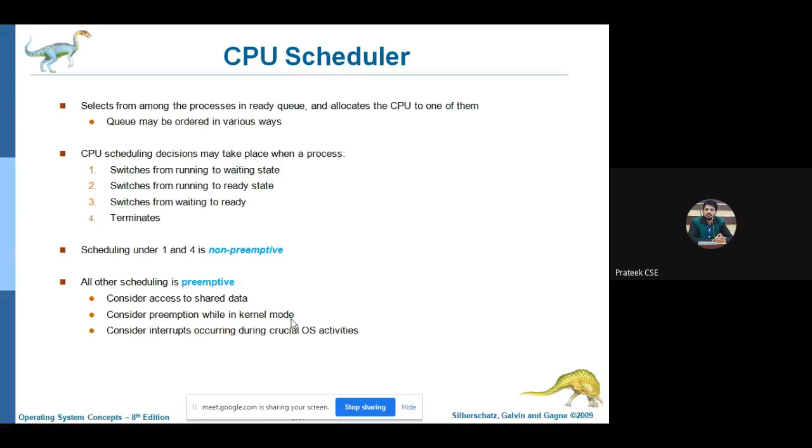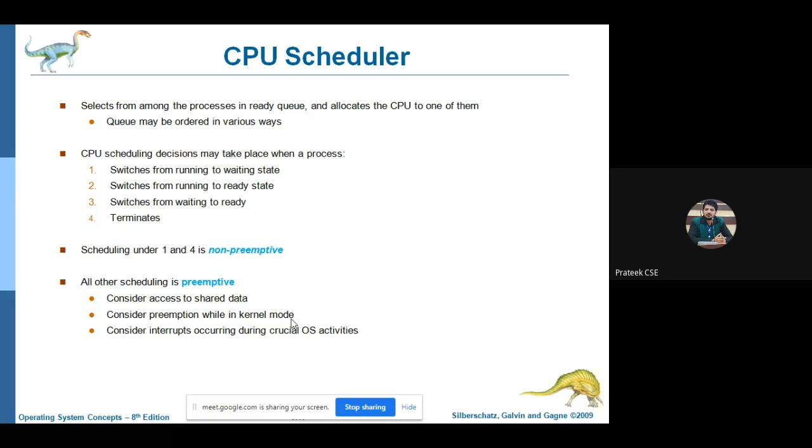Now this is very important: why CPU scheduling, and when it will happen. Basically we have learned that whenever the CPU is idle, whenever the CPU does not have any process to execute, then the task of the CPU scheduler will begin. The different cases we already discussed in the last lecture.